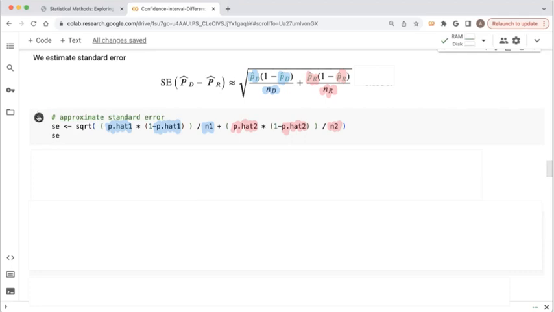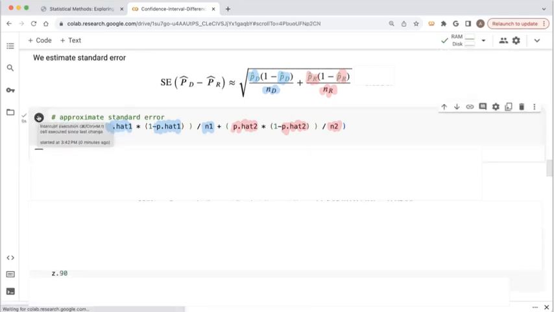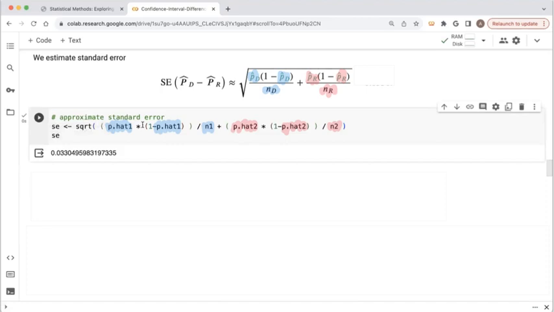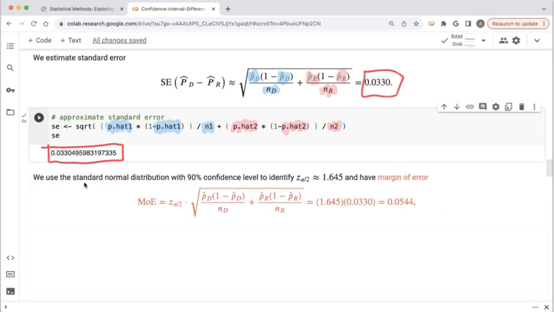And in the code cell below, we get the standard error, which is 0.0330.